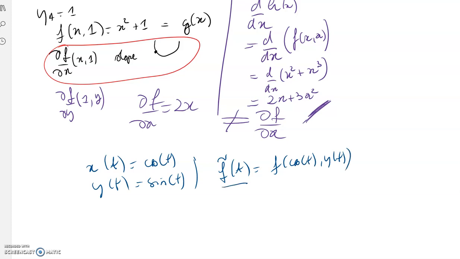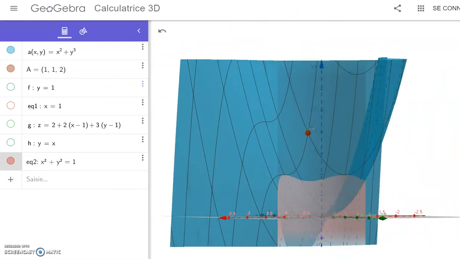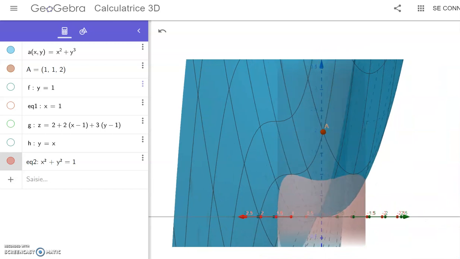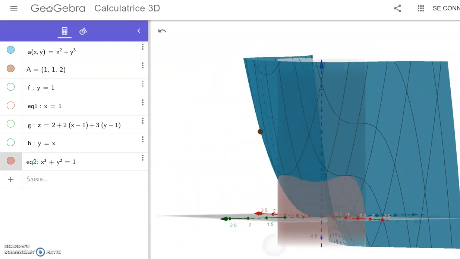And so that's a one variable function. If you could plot it in a rotating frame, you see the nice curve we obtain at the intersection of this cylinder and our original surface.